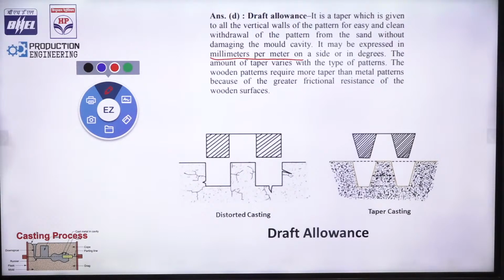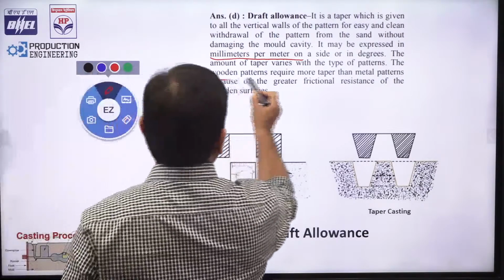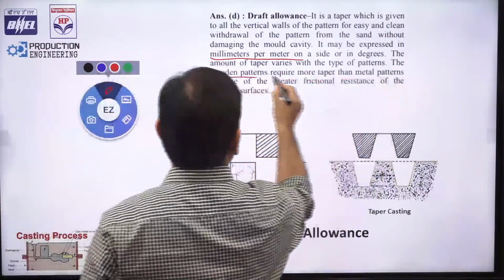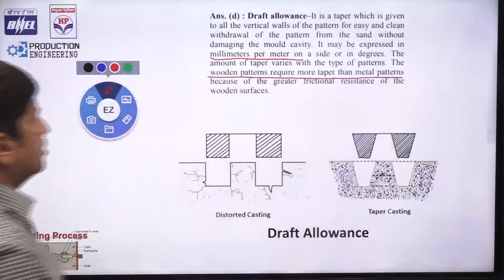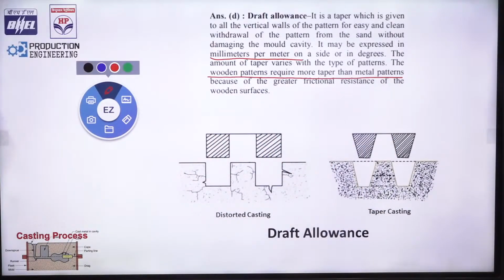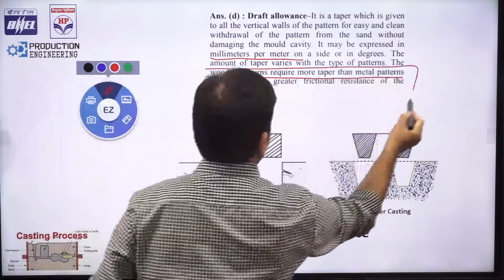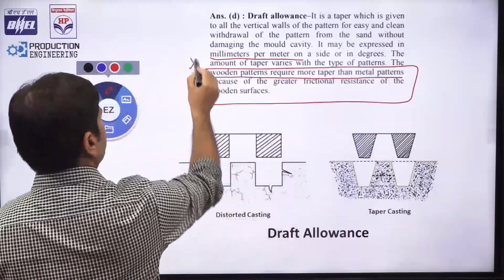Wooden patterns require more taper than metal patterns. This is also important information as far as pattern taper is concerned. Wooden patterns require more taper than metal patterns because of the greater frictional resistance of wooden surfaces. Please note this information.